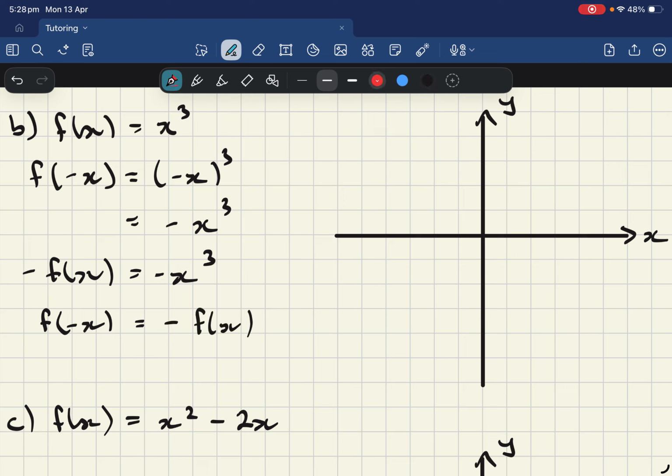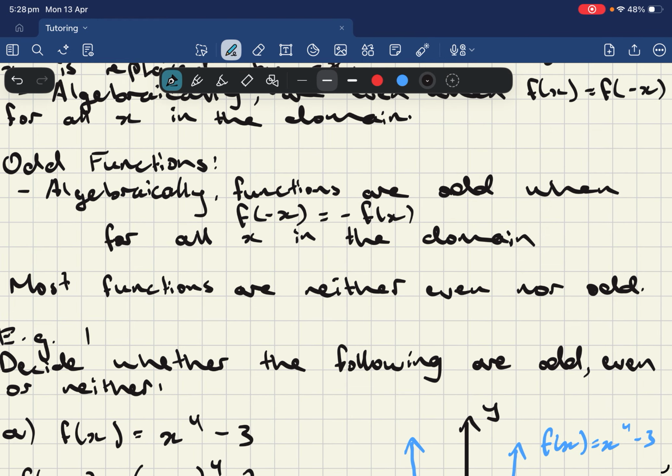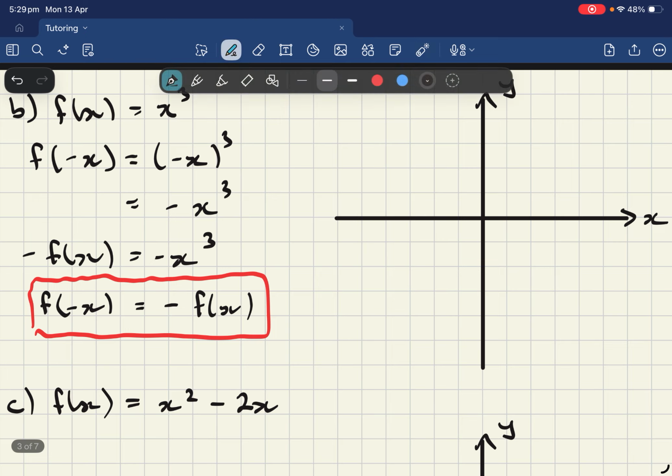Now this relationship here that we've established, if you remember back to the previous page, is an odd function. Odd functions have this property here. So we can say, therefore, the function is odd.